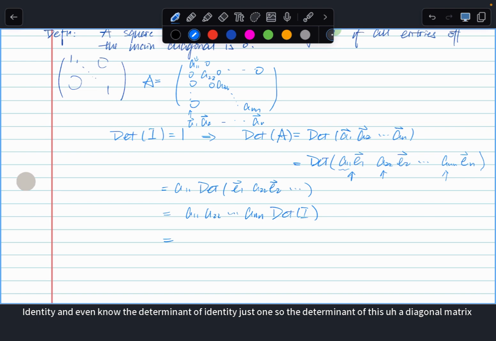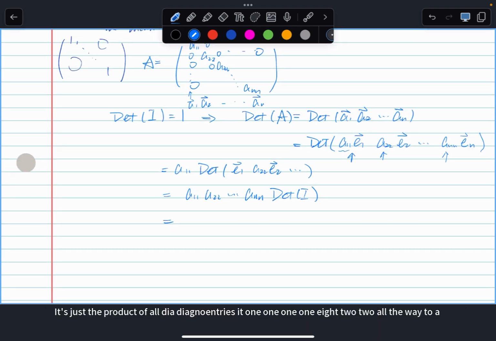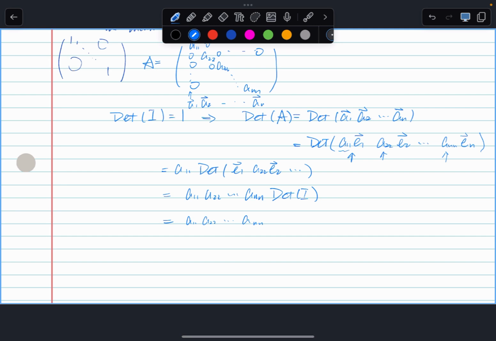So the determinant of a diagonal matrix is just the product of all diagonal entries, A11 multiplied by A22 all the way to ANN.